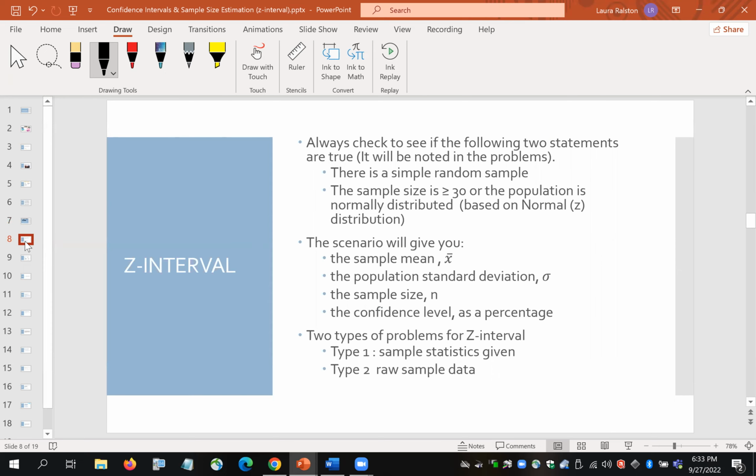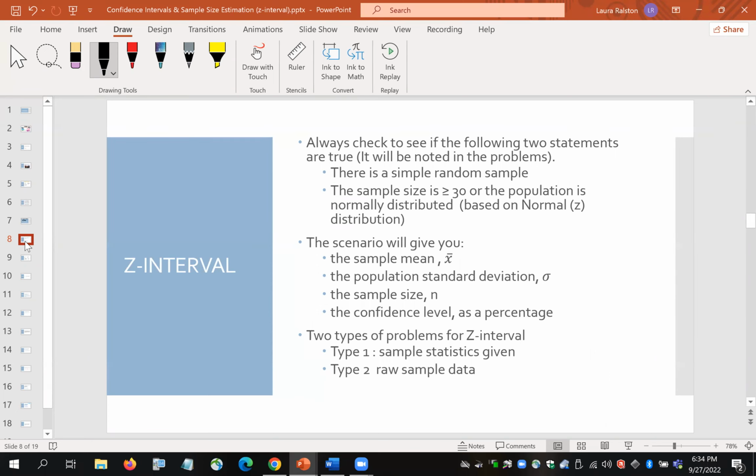By applying the central limit theorem, we force whatever distribution we have to be normal. If I have a sample that is smaller than 30, but I know the population is normally distributed, I'm still good to go. So I either have to know the population is normally distributed, and at that point, I don't care what the sample size is, or I have to know the sample size is greater than 30.